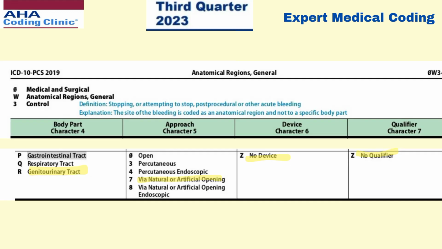Now let us see this in the PCS table. 0W3, the body part is genitourinary tract, and the approach is via natural or artificial opening because the JADA system was inserted transvaginally, the device is no device and the qualifier is no qualifier.